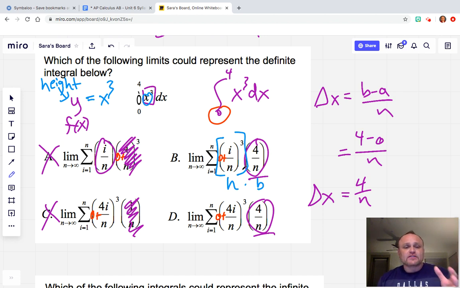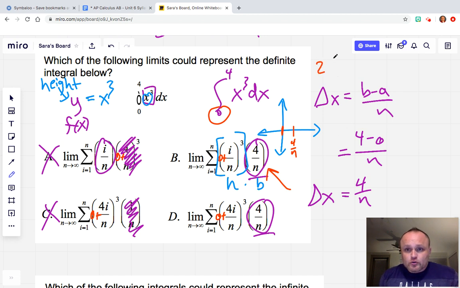So if I start at 0, let me go ahead and draw you an x and a y axis. And if I were to start at 0, and each jump is going to be 4 over n, that means this would be 4 over n. The next one would be another 4 over n, otherwise 2 of those jumps, so it'd be 8 over n.